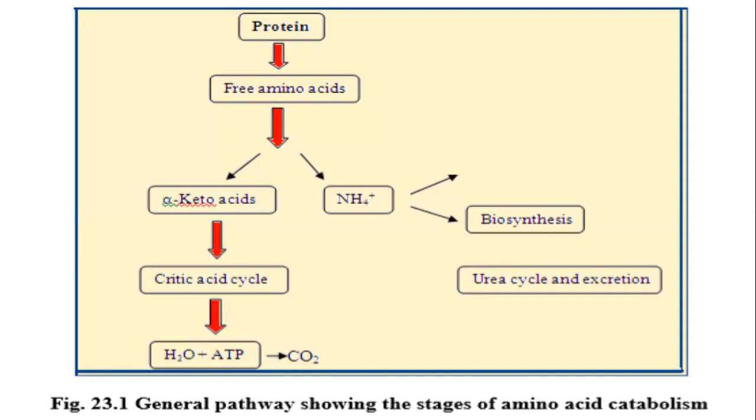These free amino acids, after deamination, are converted into alpha keto acids and amino groups. The amino group is utilized either for biosynthesis of nitrogenous compounds to be used in the body, or it is excreted in the form of urea. The alpha keto acid enters the citric acid cycle for production of ATP and ultimately water and carbon dioxide.